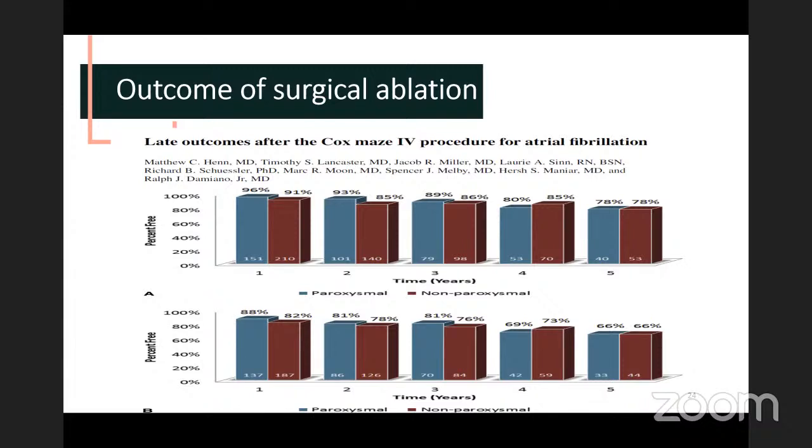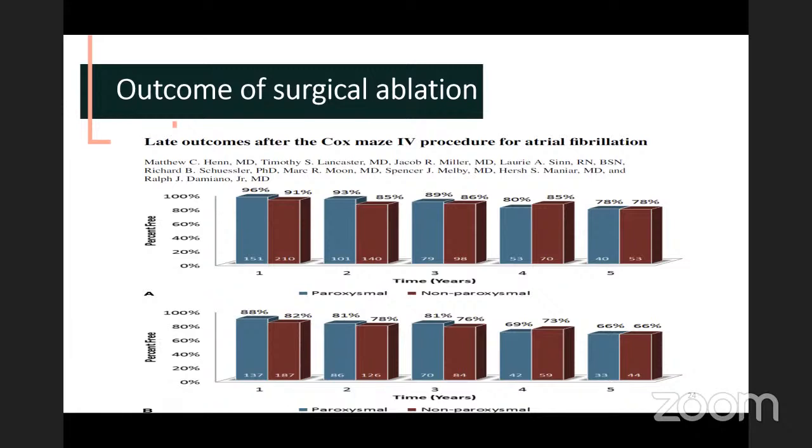In this study, at 1 year there was around 96% restoration of sinus rhythm in the paroxysmal group and around 91% in the non-paroxysmal group. And if you keep comparing the groups over the follow-up years, it shows no significant difference.